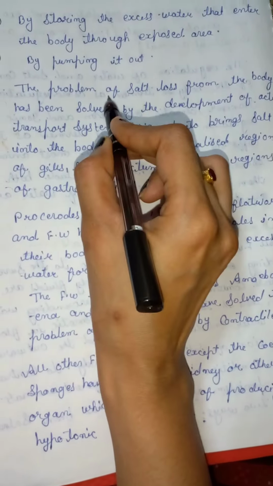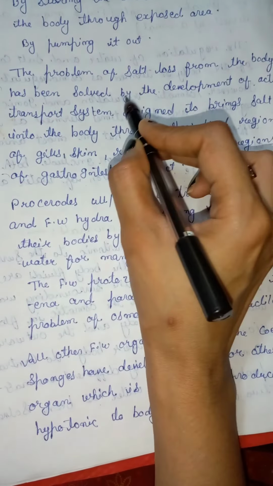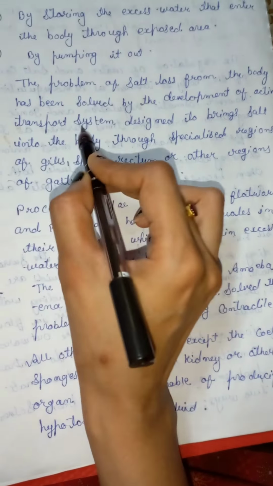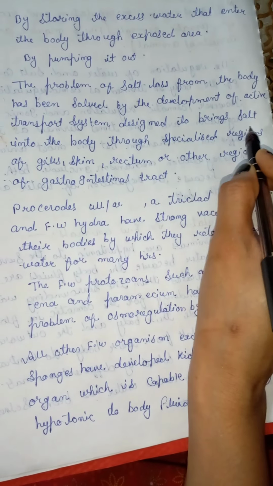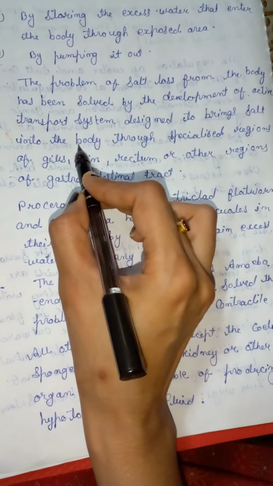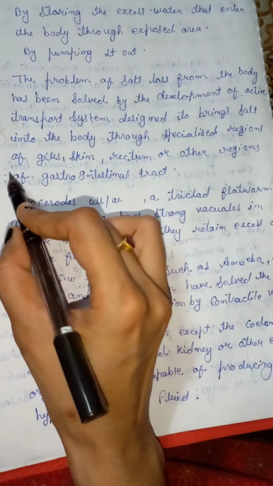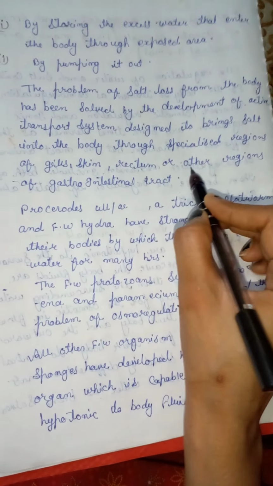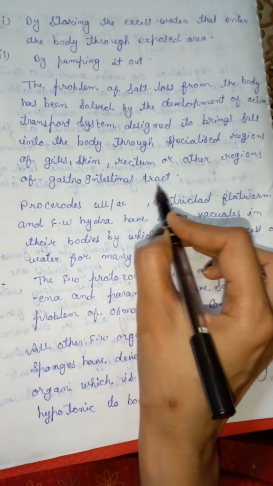The problem of salt loss from the body has been solved by the development of active transport system designed to bring salt into the body through specialized regions of gills, skin, rectum or other regions of the gastrointestinal tract.